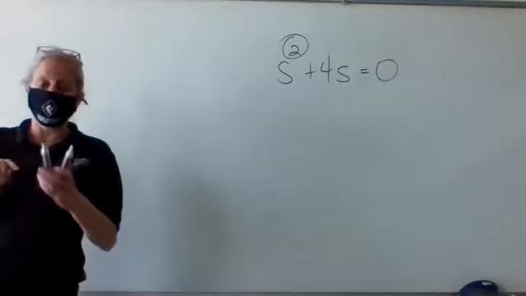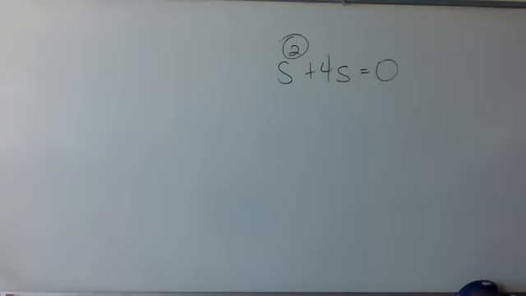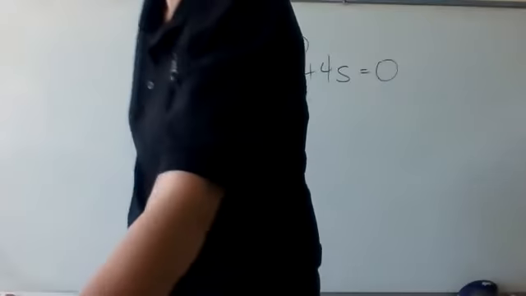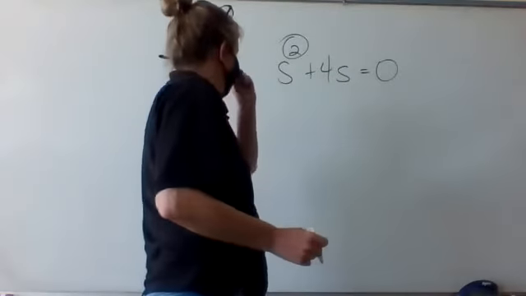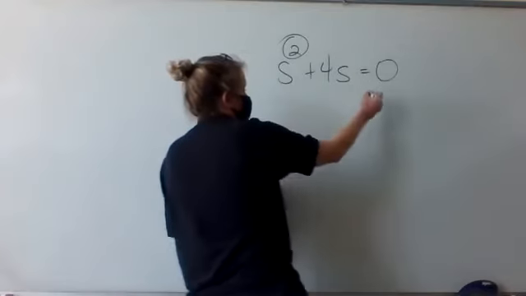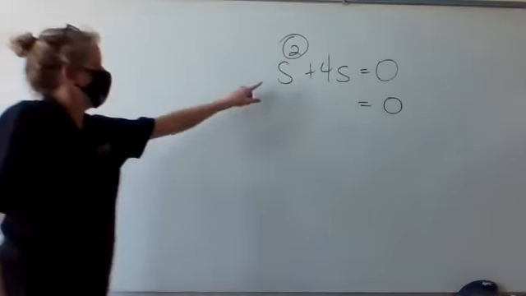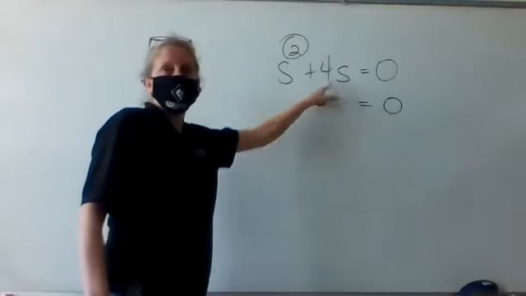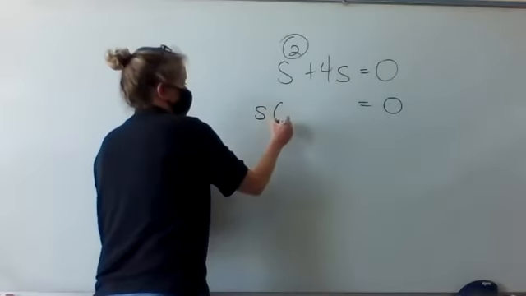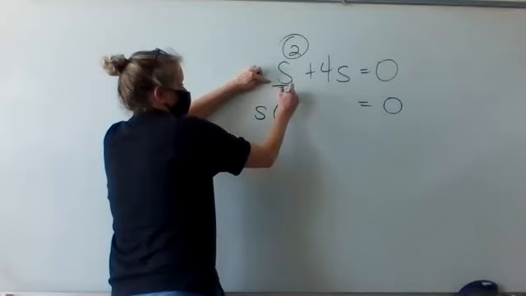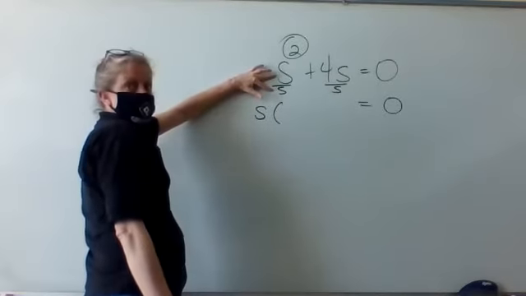I am going to work just this one out. If I didn't use my quad program to get my 2 answers, I would set it equal to 0, which it's done. Factor, they have an S in common, so I would take that out. Put in parentheses what's left. If I divided them both by S, what will be left here?